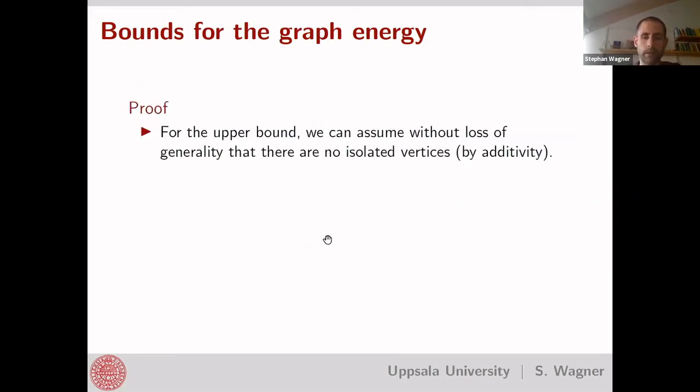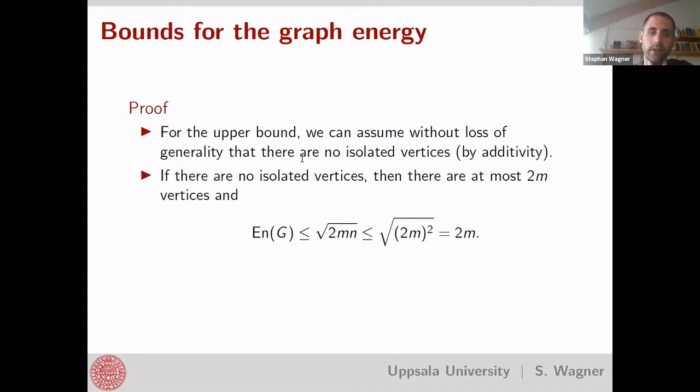And then for the upper bound, you can assume that there are no isolated vertices, because if you add isolated vertices, this doesn't change the energy actually. An isolated vertex only gives you an additional eigenvalue 0. So it doesn't change the energy at all. So we can discard all the isolated vertices.